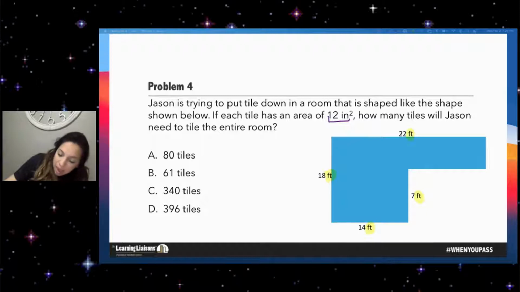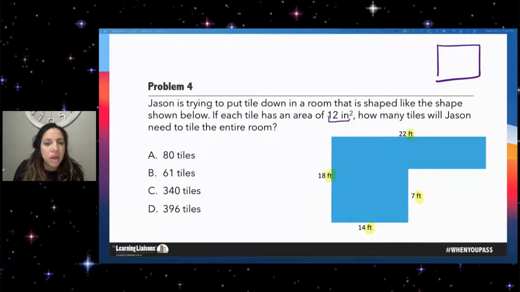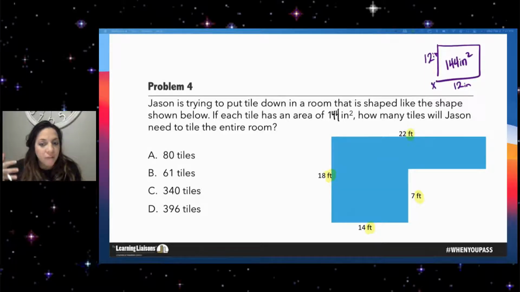So that means that if each tile has an area of, that should say 144. Here I go again. This is what happens when you have pregnancy brain and you're trying to write problems. This should say 144 inches squared because a tile that is a foot is going to be a 12-inch by 12-inch tile, which 12 times 12 is 144 inches squared, which is a 1 square foot tile.